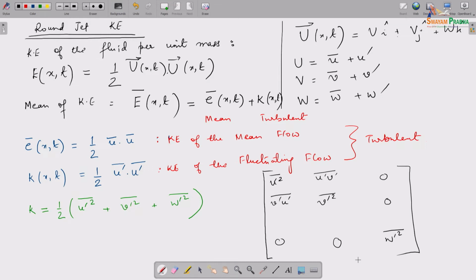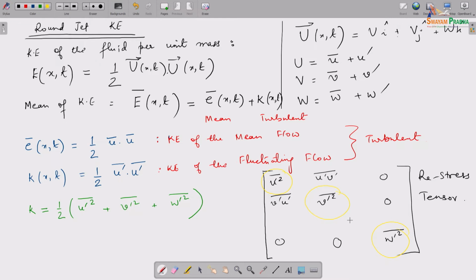Right. So now this was essentially the Reynolds stress tensor. Now, if you see these three terms here, do you see that? I'm looking at the energy here.